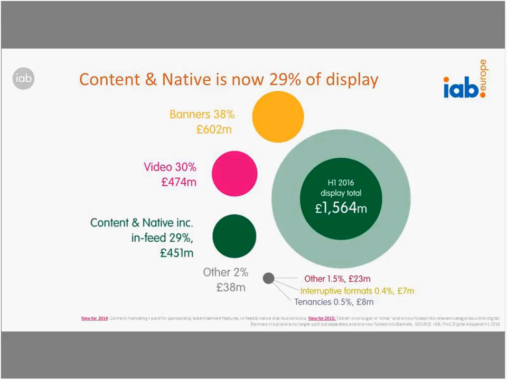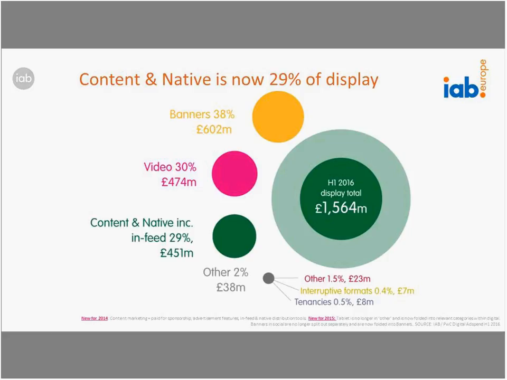And that's for the first 6 months of the year. And of that, display advertising accounts for 33%, which is a growth of 2 percentage points from the previous period in 2015.